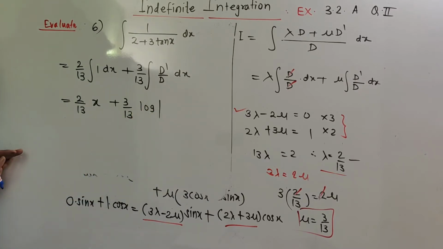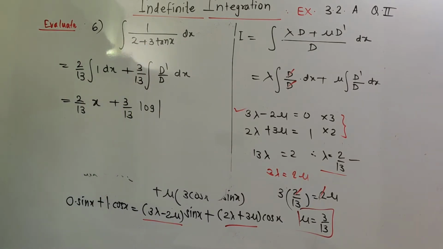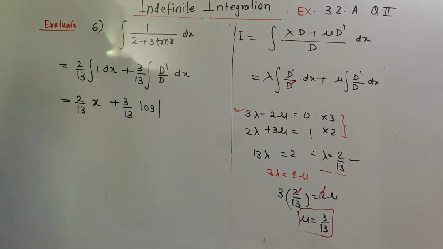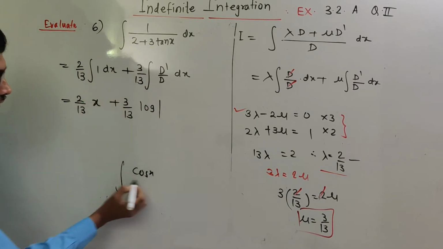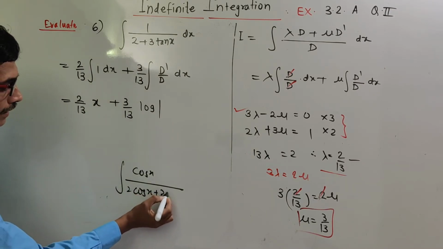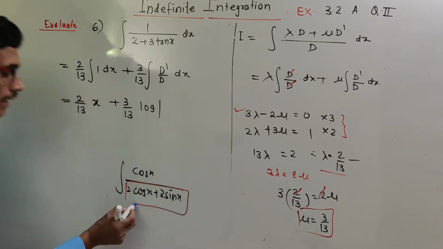Log of d means what? Log of our d, what is our d? See, after simplifying, we are getting d is equal to 2 cos x plus 3 sin x.